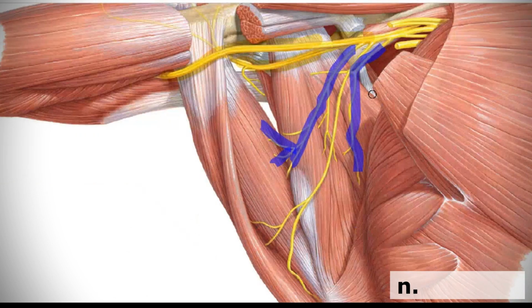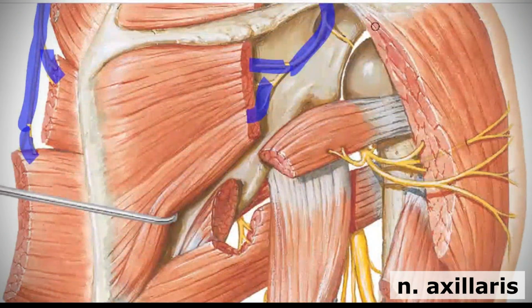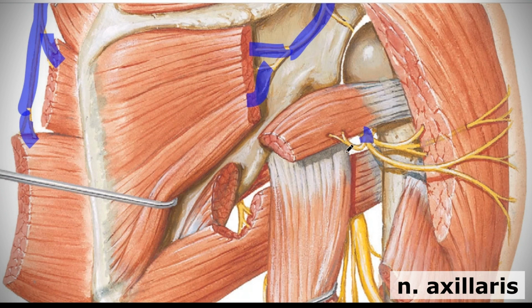So nervus axillaris. Axillary nerve, as you can see here, goes backward, goes through foramen quadrilaterum with arteria circumflexa humeri posterior, and divides into motor branches that supply musculus teres minor and musculus deltoideus.